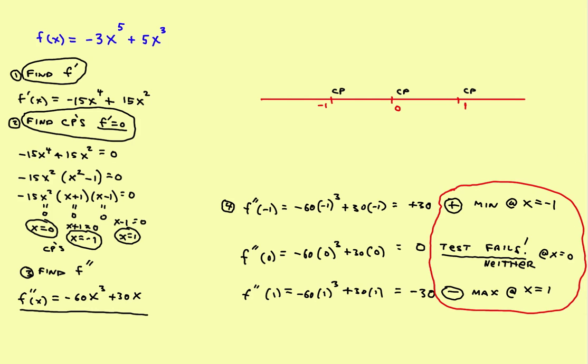Let's just go ahead and put the graph on here. So if we added the graph to this, here's what the graph would look like. And what it tells you is this, is that at the first critical point, you have a minimum, and sure enough, you have a horizontal tangent right here. It's a critical point, and f prime is equal to 0, and that was a minimum. That's the second one. The test failed.